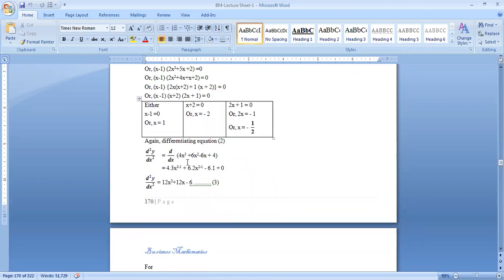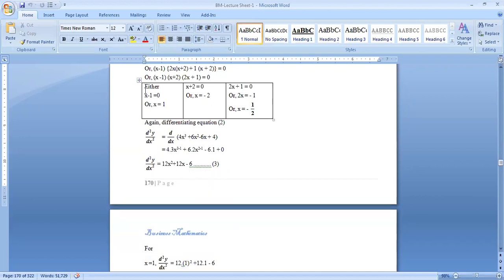Using the x to the power n formula, formula number one, with n equals 3, we get 3 into x to the power 3 minus 1, plus 6 into 2 into x to the power 2 minus 1, but the differentiation of x is 1. And 4 is a constant without x, and the differentiation of a constant is 0. After calculation, 12x square plus 12x minus 6 is the second derivative, and this will be equation number 3.